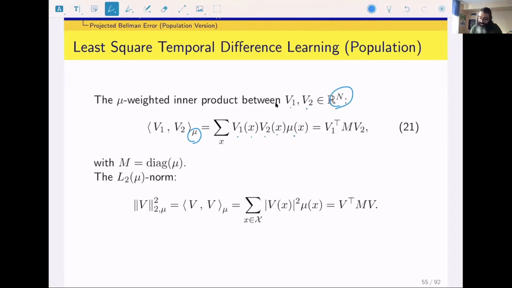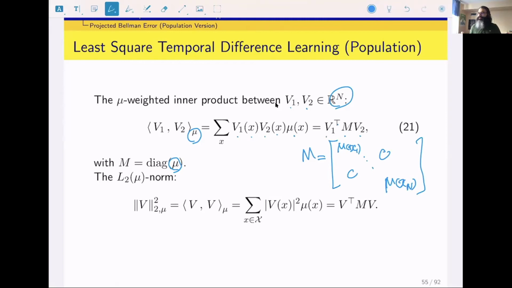And if I put this mu in a diagonal form, I write a matrix, and this would be mu of x1, down to mu of xn, and the off-diagonals are 0. So it's a diagonal matrix in that form. Then I can write it in this matrix form of v1 transpose capital M v2. So essentially M captures this weighting.